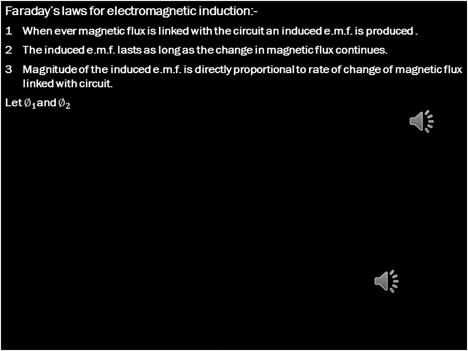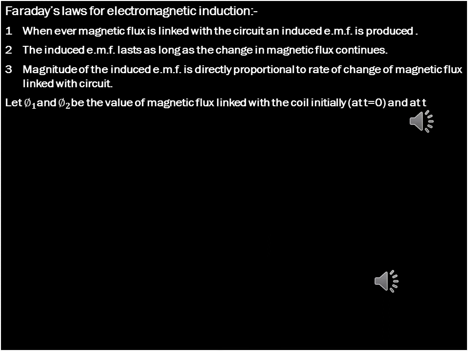Let phi1 and phi2 be the values of the magnetic flux linked with the coil initially, when t equals 0, and at time t respectively. Then the rate of change of magnetic flux is equal to (phi2 minus phi1) divided by time t.